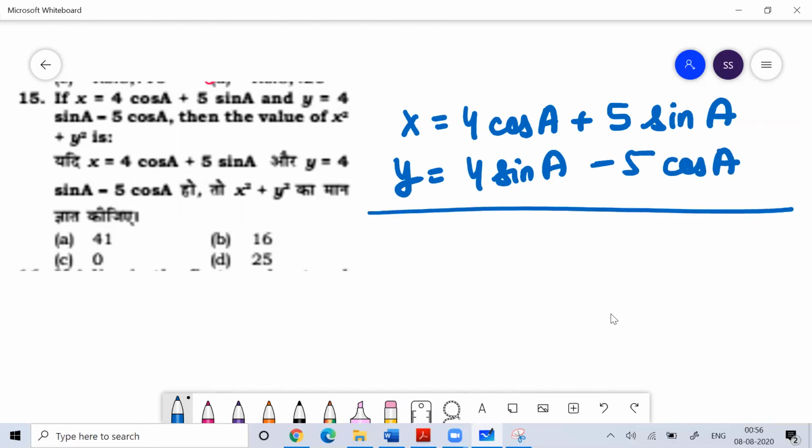Then you have to find the value of x square plus y square.